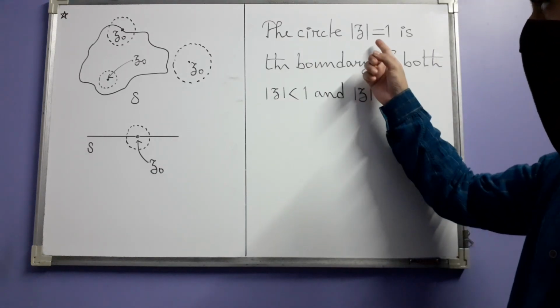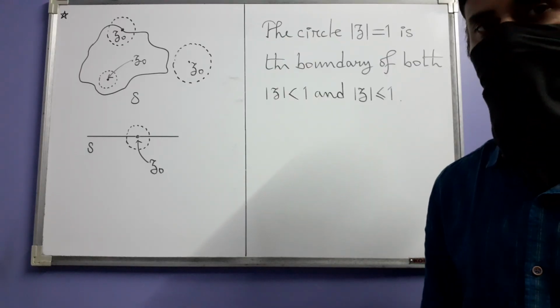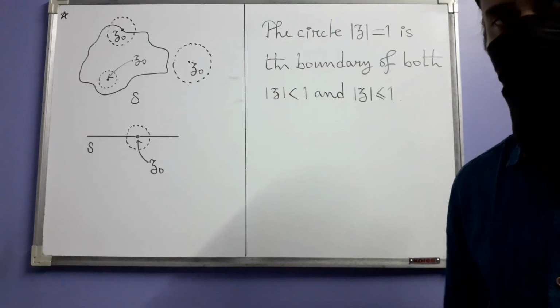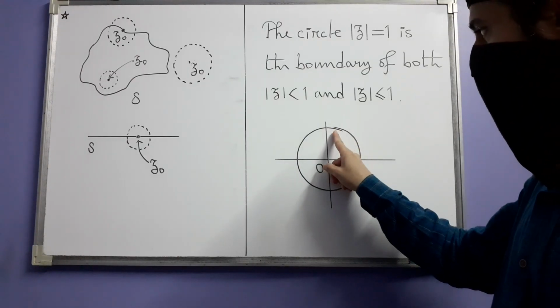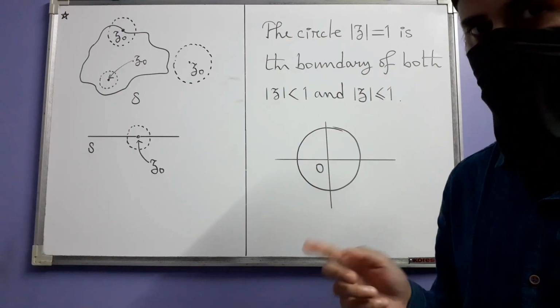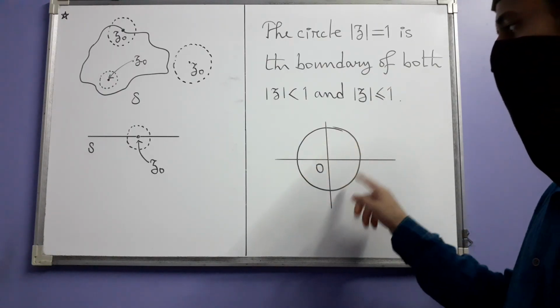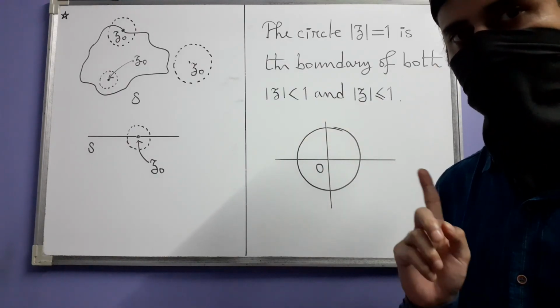The unit circle centered at the origin is the boundary of both these sets. Let's see again in a diagram, but this time it's more concrete. Say this is your unit circle. Here I messed up a little, you know how bad my freehand drawing is, but anyway, you get the point. So this is the unit circle, which is the circle centered at the origin and having radius 1.